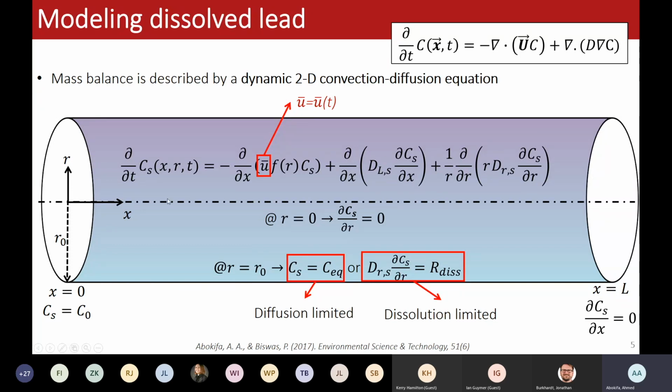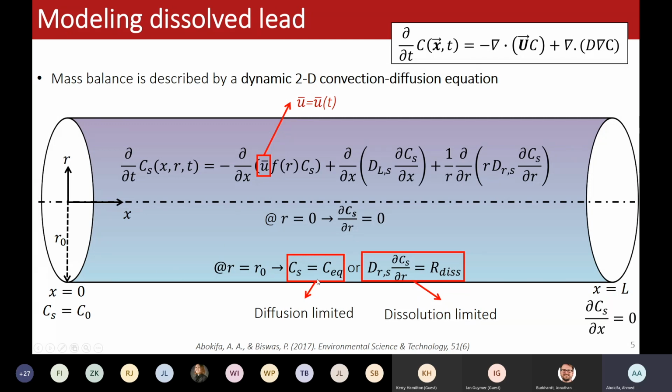And then using the right set of boundary conditions, perhaps the most important one of these is the boundary condition at the wall, which basically describes the dissolution of dissolved lead from the scale into the drinking water. And so we use two different models to describe this process. The first one is what we call the diffusion limited model.